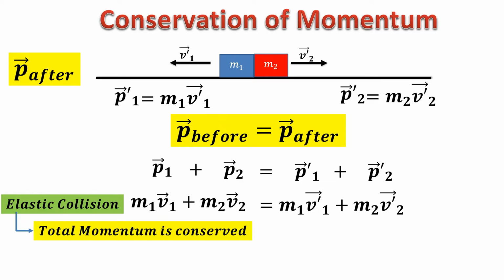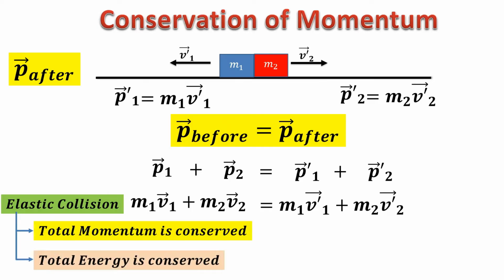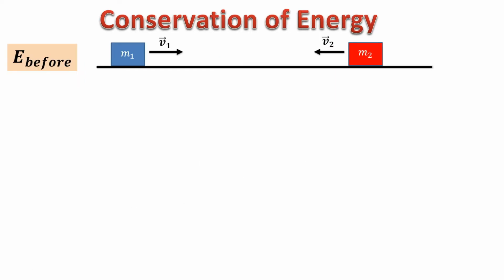It means the momentum before is equal to the momentum after, and at the same time the kinetic energy is also conserved in this system. For the conservation of energy, the energy before should be equal to the energy after collision. Before collision, we have the kinetic energy K1 for mass 1, and K2 for the kinetic energy of mass 2.